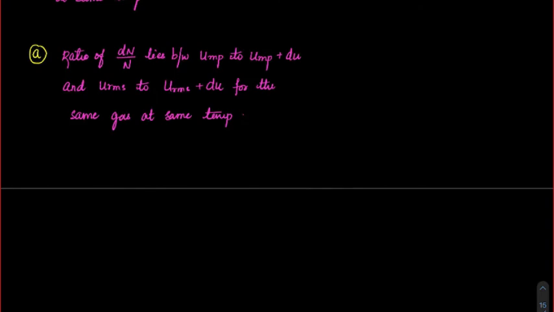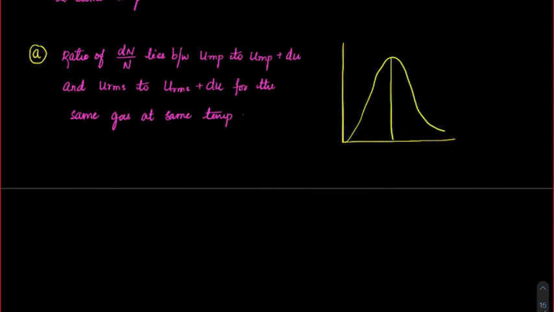If I plot the graph for the same, this is how the bell curve would be, and this area represents the du between u most probable to u most probable plus du. Somewhere here we will get RMS.